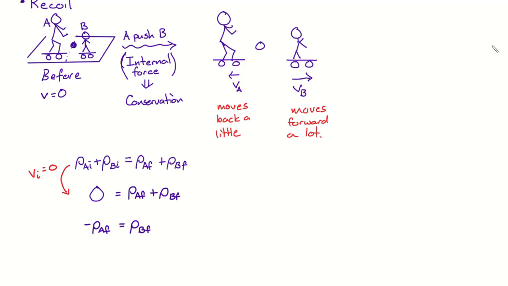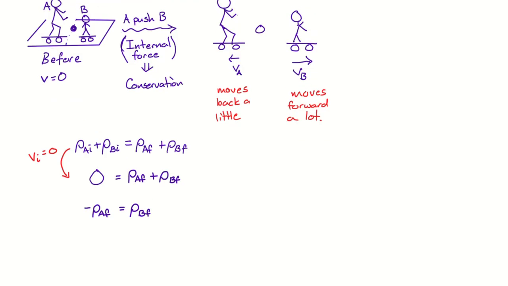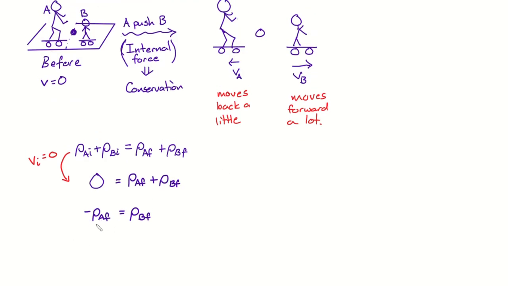Okay, a little bit of substitution is all that we need here. If we just plug in what it means for momentum, I know that that is the mass, and I'm going to keep that negative. It's the mass of person A times the final velocity of person A, and it turns out that that is exactly equal to the mass of person B times the final velocity of person B. Okay.